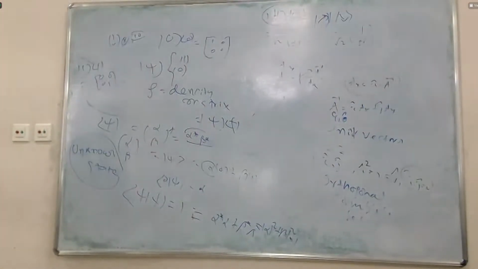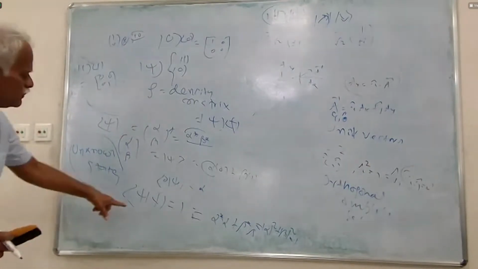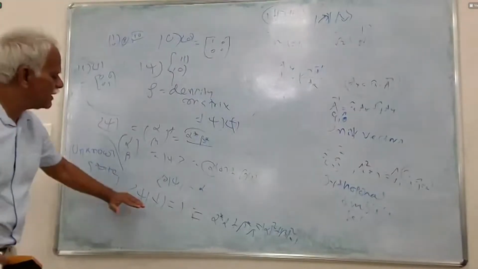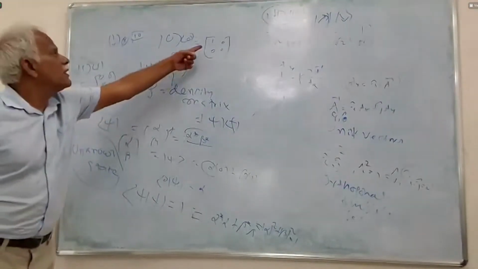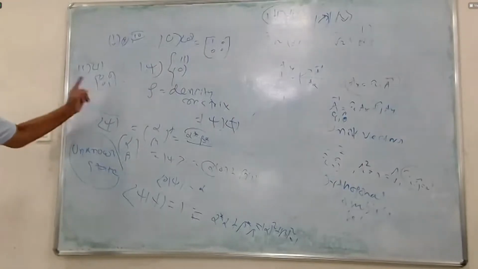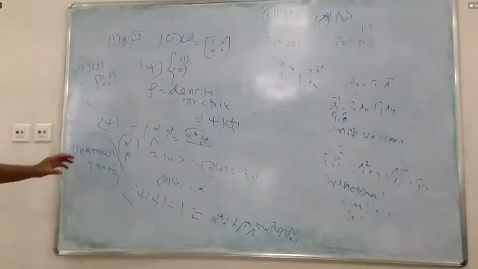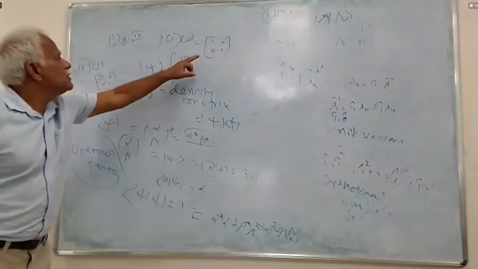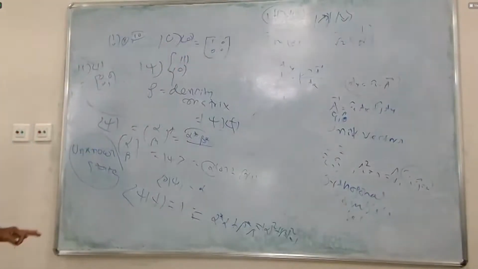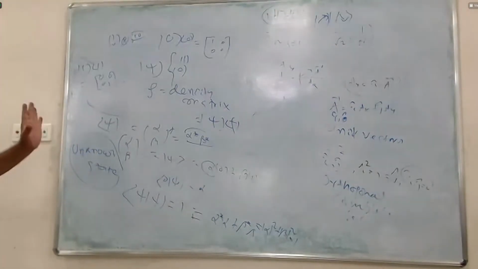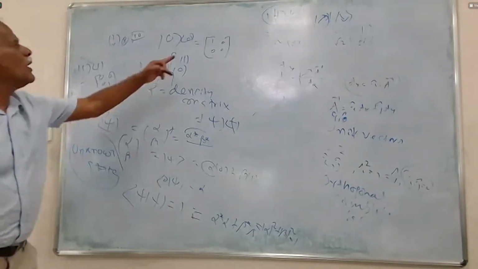So what you observe is that you can check yourself that trace of rho is equal to 1. Take here, trace of rho is 1. And if you have only one term, either this is present or that is present, you can write the matrix with only one diagonal term.